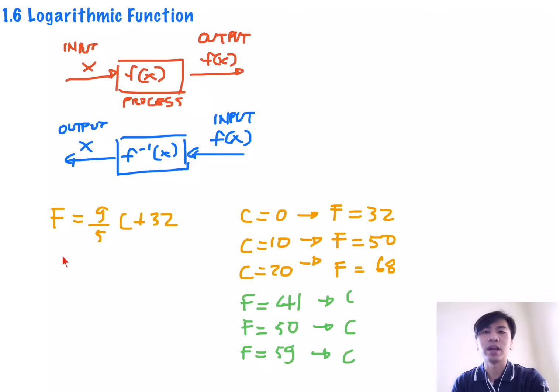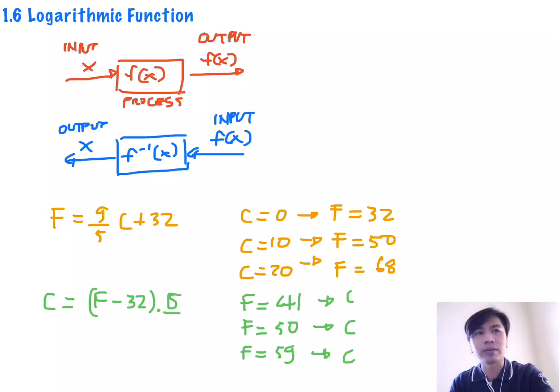Yes, we can do that, or we can create a new formula, a formula in a new form. So we'll have C equal with F minus 32 times 5/9.